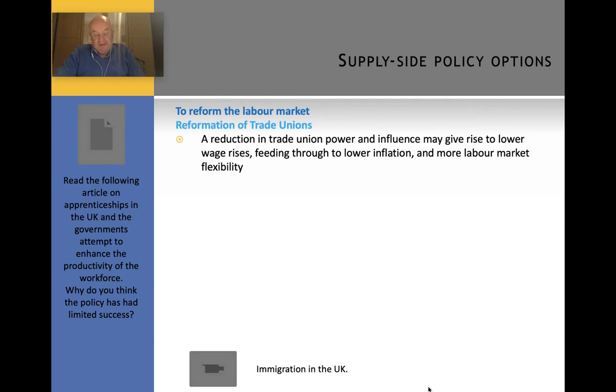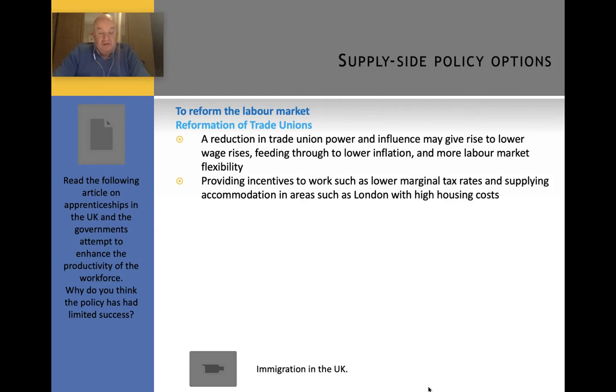Again, it tends to have been the Conservative governments of recent years. They have been quite keen to try to reduce trade union power in order to give employers a little bit more flexibility, and also to try and encourage more people back into work.